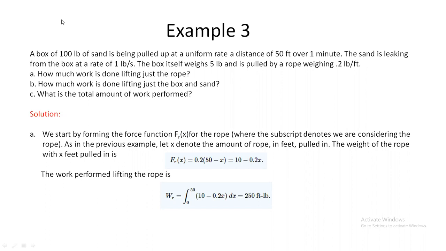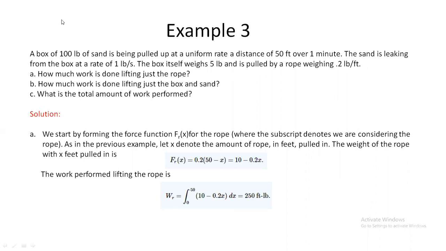If you recall our first 2 sample problems, you're also lifting a rope up to the face of the cliff. So this one is similar in principle to that one.